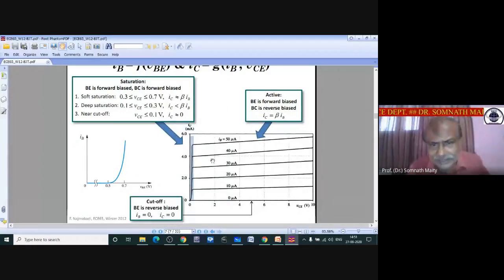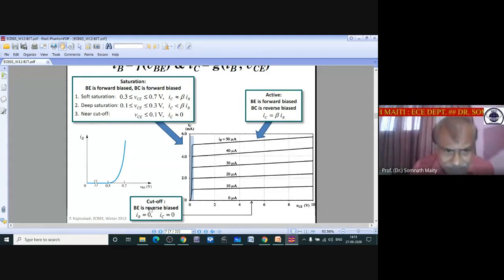Have you got my point? This shaded region near this is saturation. This white color area up to just above 0 microampere is active and below 0 microampere is cutoff.